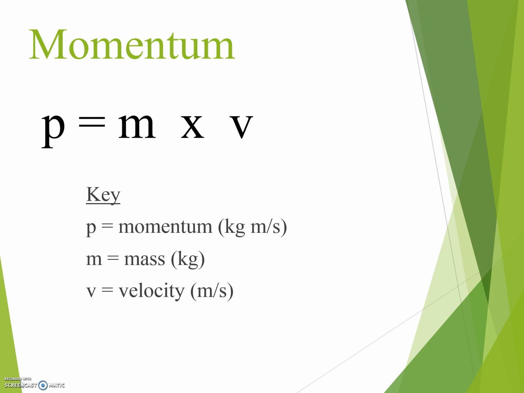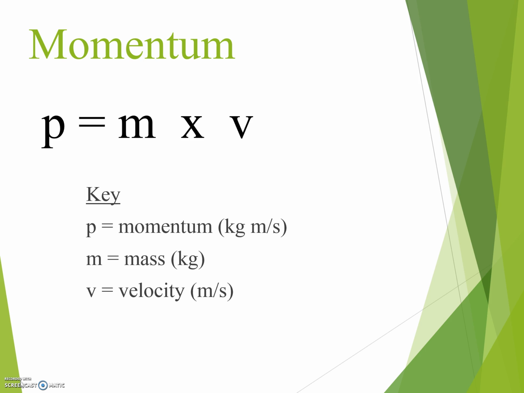Now from this equation, we can see that a moving object can have a large momentum if it has a large mass, or if it has a high velocity, or if it has both. A moving truck has more momentum than a car at the same speed because it has more mass.